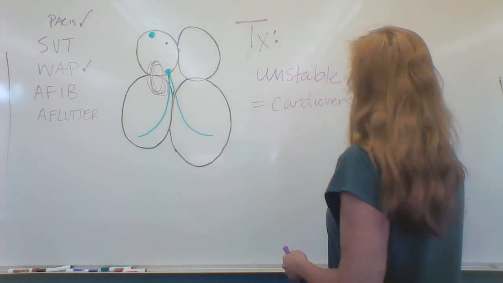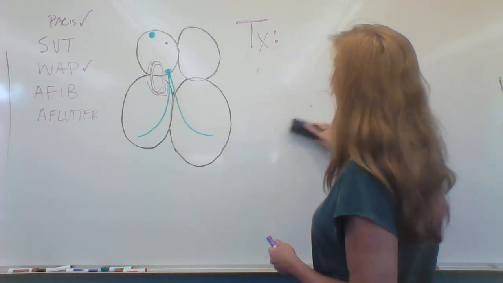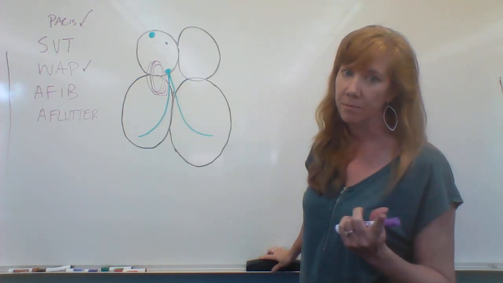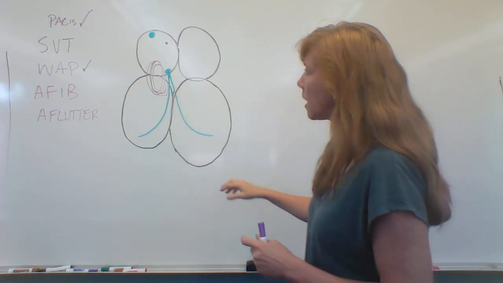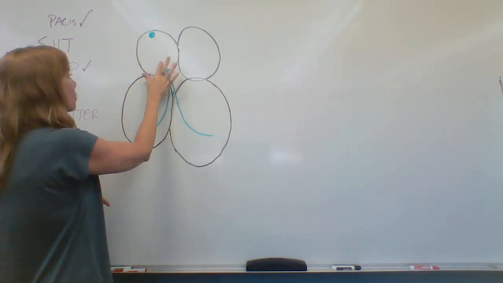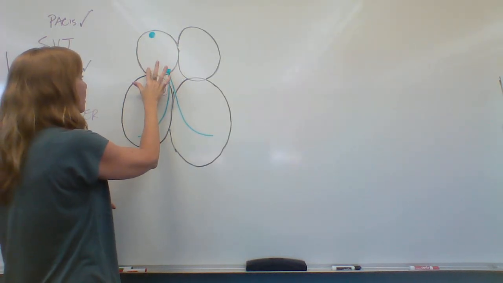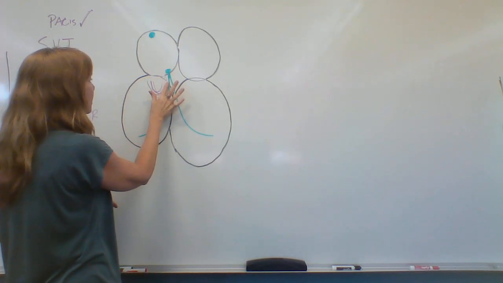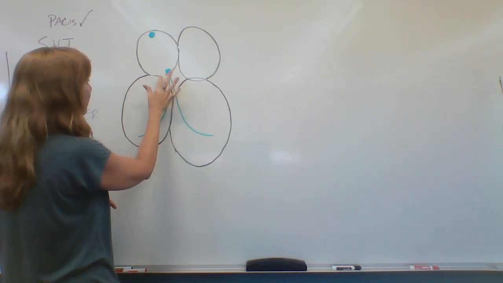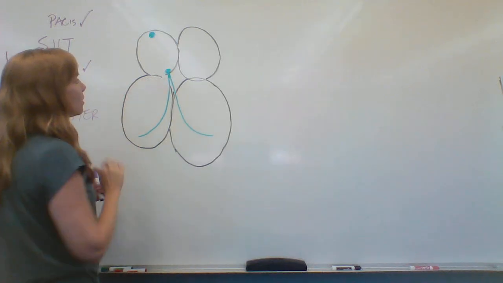All right, we're making our way through. We got 2 left, and they're almost the same rhythm. The next one we got to talk about is atrial fibrillation. In atrial fibrillation, kind of all hell has broken loose up in the atria.